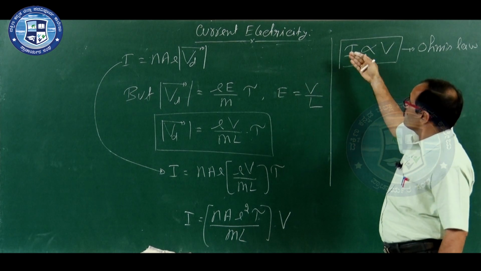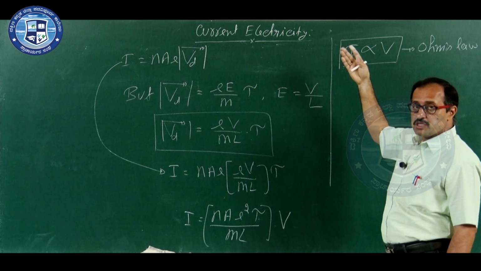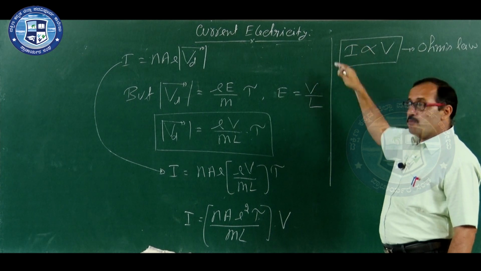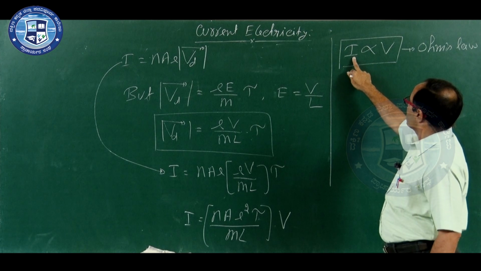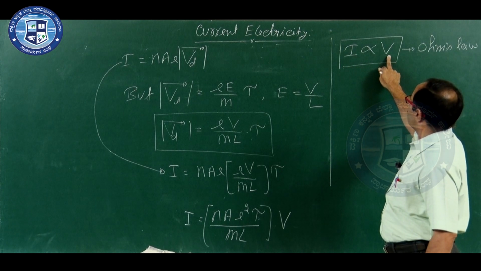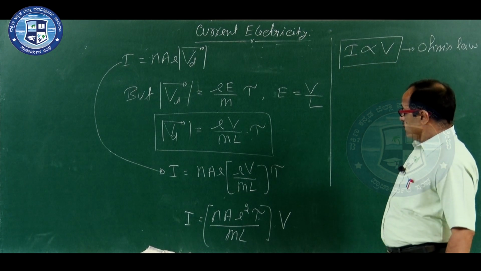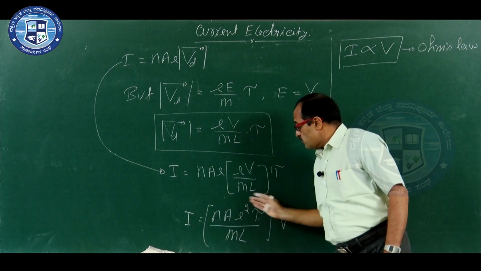We study Ohm's law separately; the next discussion is on Ohm's law only. But this is the method to deduce Ohm's law, current through the conductor proportional to potential difference. Now, we can rearrange this formula again.